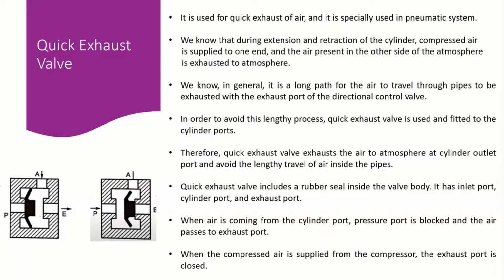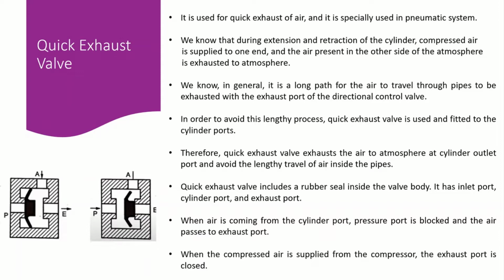So in order to avoid this lengthy process, a quick exhaust valve is used, and we generally use it at the cylinder port. We have a double acting or single acting cylinder, and we add it to the ports of that cylinder, depending on whether you want to use it at the pressure port or the exhaust port.